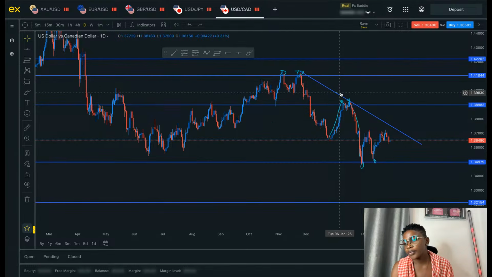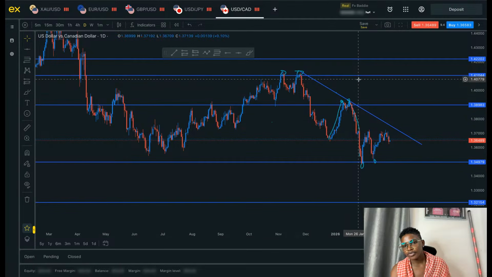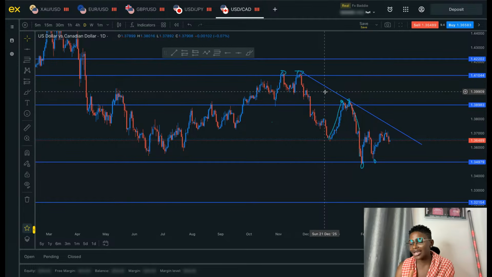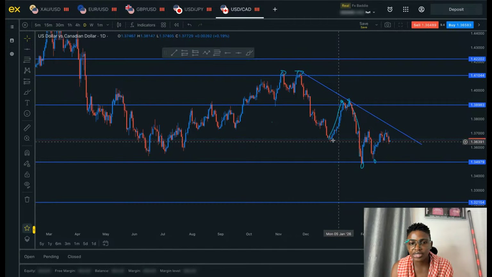So that's how you actually identify a double top. So when you see a double top pattern trying to form, you should be looking for sell opportunities.